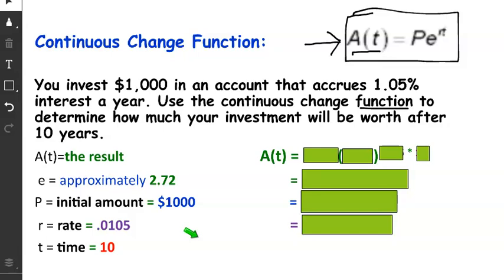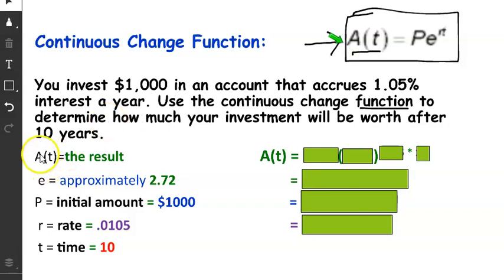Okay, in part one, we left off by identifying all parts of this continuous change function. And really that function, the name of it explains, it's continuously changing. It's continuously calculating the money that you have put in the account each month.